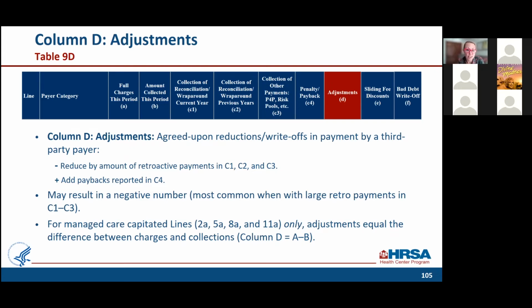So if you had 10,000 in initial adjustments for column D and a total of 11,000 in retroactive payments in columns C1 through C3, then your adjustment would be negative 1,000. Adjustments do not typically equal the difference between charges and collections, so they don't generally zero out. This would only really be feasible with capitated managed care because they typically don't carry a balance.